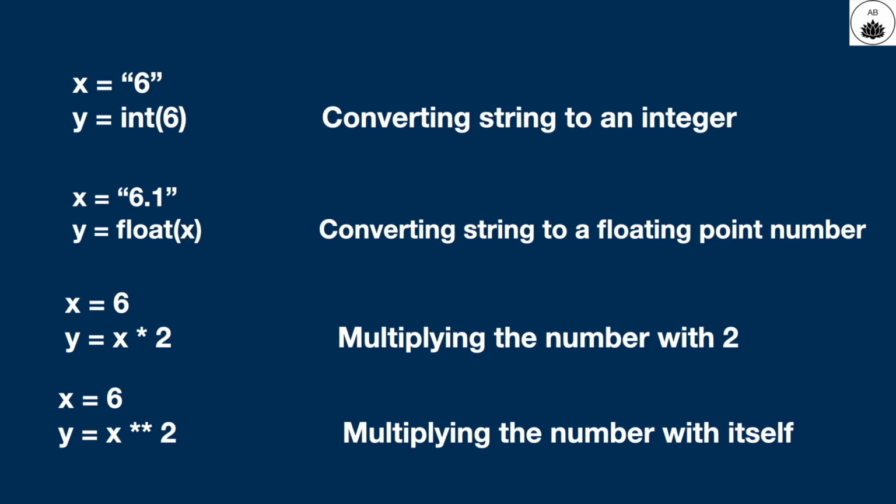If you use a star, it means multiplication. So x star 2 is multiplying 6 by 2 and you'll get 12. If, however, you have 2 stars, it means that number is being raised to the power of 2. So 6 to the power of 2 would be 6 into 6, that would equal 36.